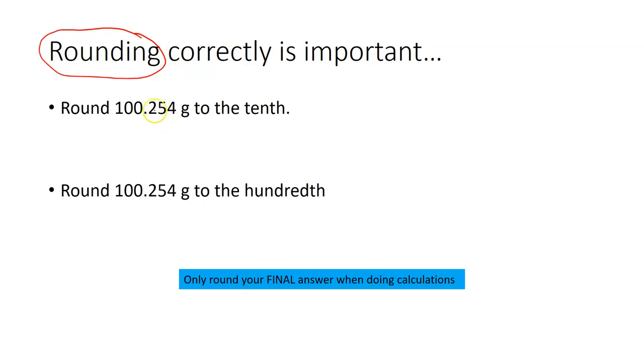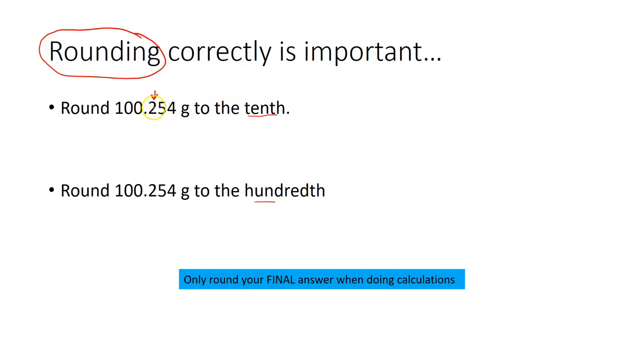And the 10th place, as all of you should know because you are in high school, is that very first decimal place. So this is the one we asked you to round. Sometimes we might say round to the 100th. This time we asked you to round to the 10th. So what does it look like to round 100.254 grams to the 10th?